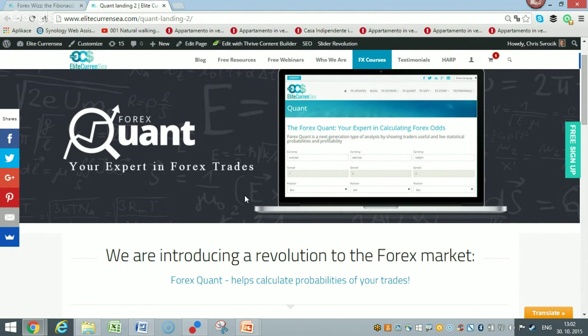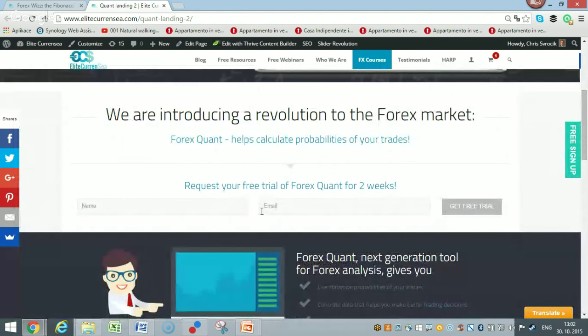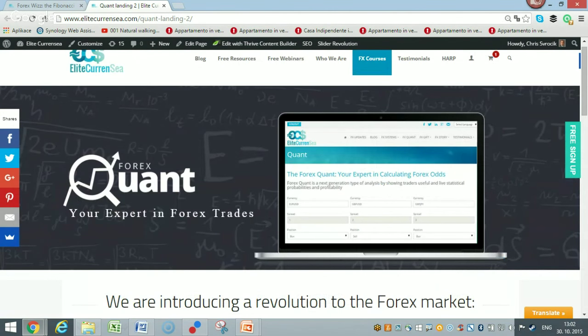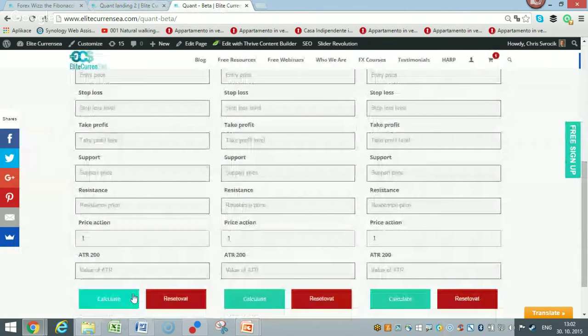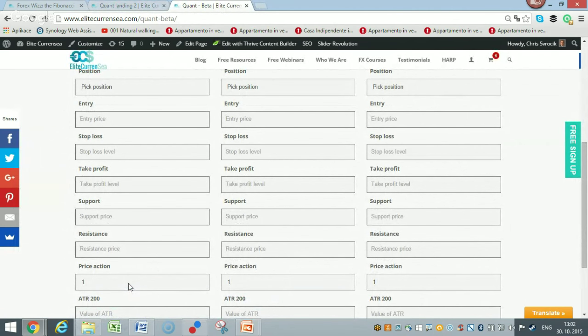And what is Quant? Basically, it helps you calculate the odds of success relative to your trading style on each setup. You can see how it looks, and with a few parameters it calculates the chance that this trade is going to work out.